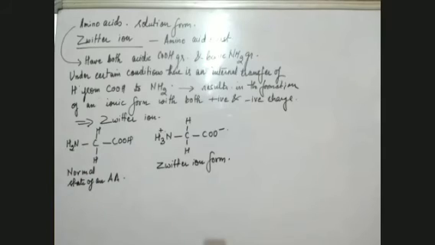Is it clear? Can you differentiate, beta? Yes? Okay, Priya. This is the zwitterion form. Others? Yashika, Amrita, Harsha, Jasleen, Siksha. So many are there.